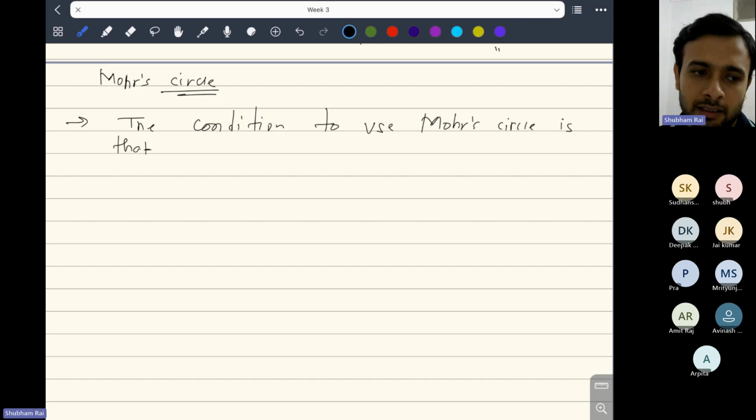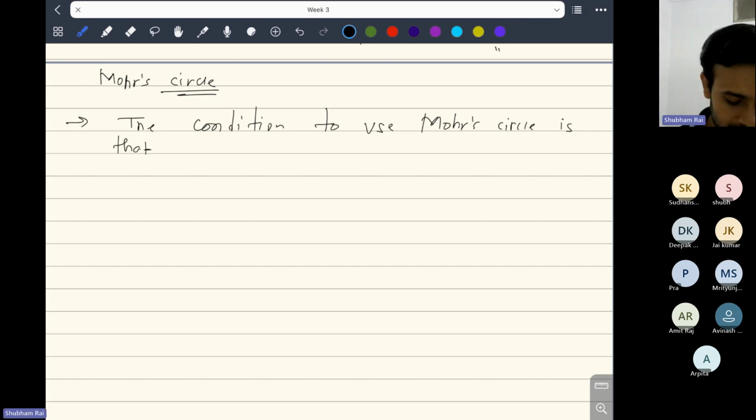So the plane on which you want to plot the stresses or get the normal and shear components should be perpendicular to one of the principal planes. That is the only condition.